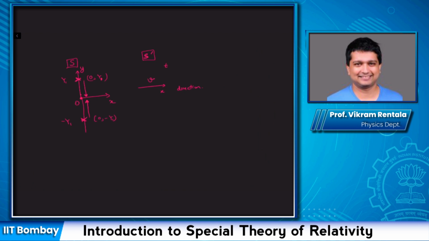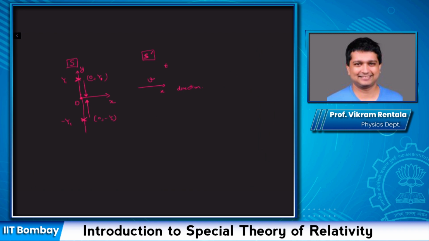Okay, but what about if these events are occurring at the same X coordinate, but the direction of motion is in the X direction? Now we can easily visualize what will happen.